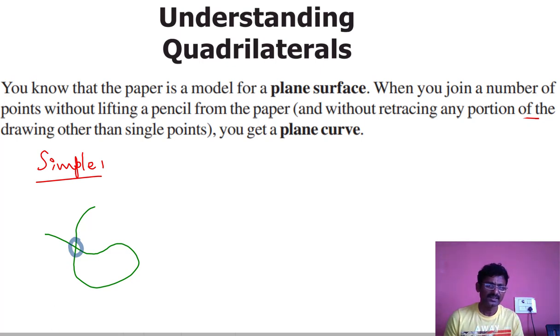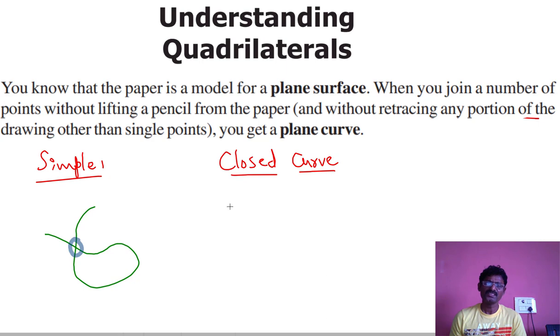It is not a simple curve. So a simple curve means a plane curve in which one line is not crossing the other line. Whether it is made up of normal curves or line segments or a combination of those two, that doesn't matter. One line should not cross the other. That is the condition.